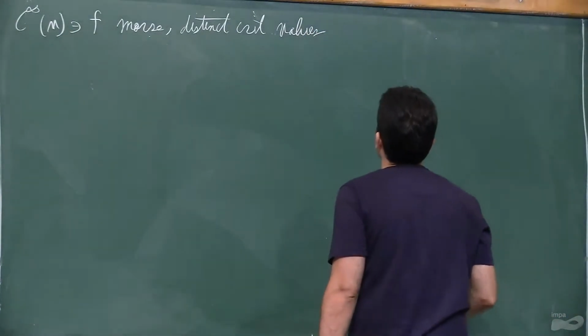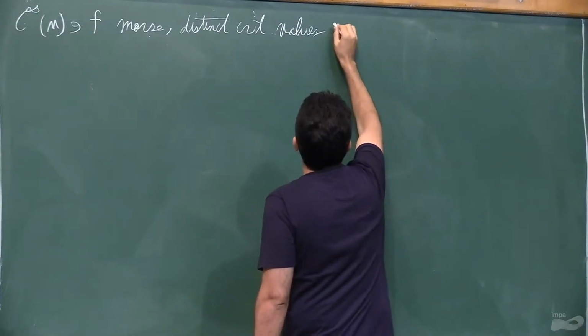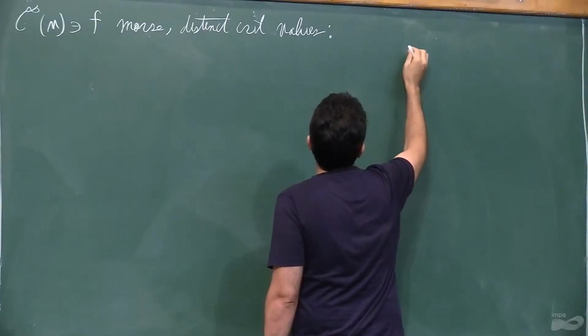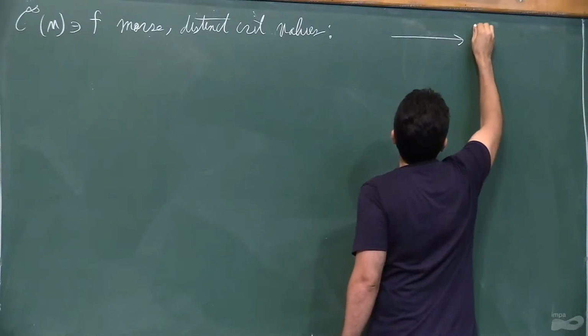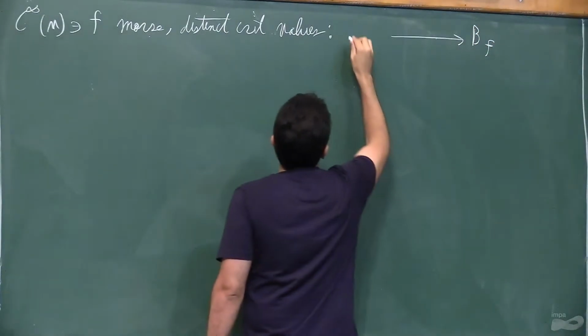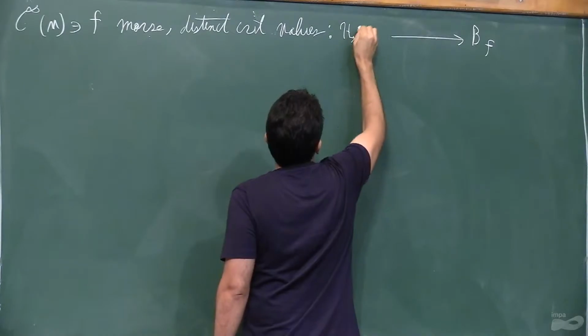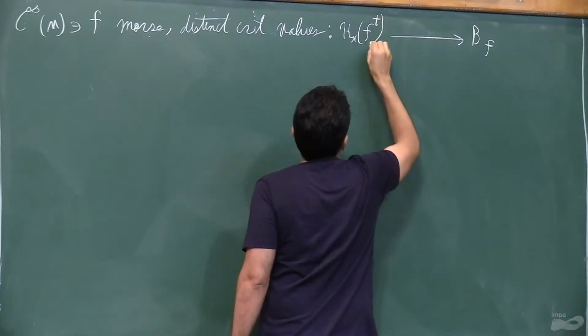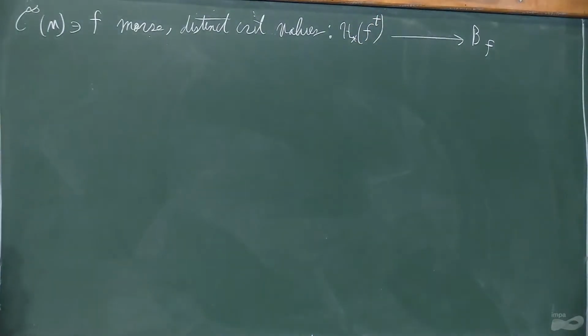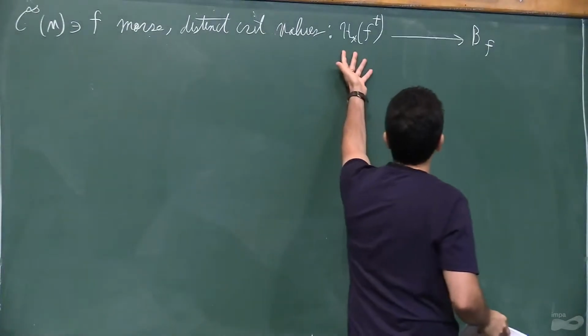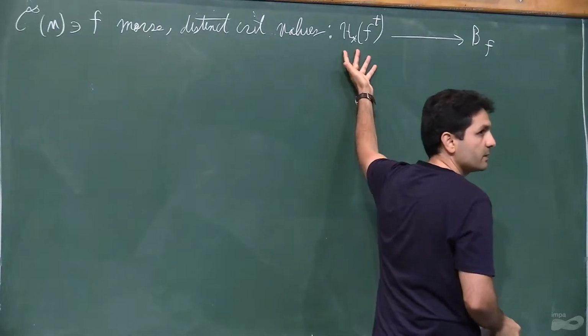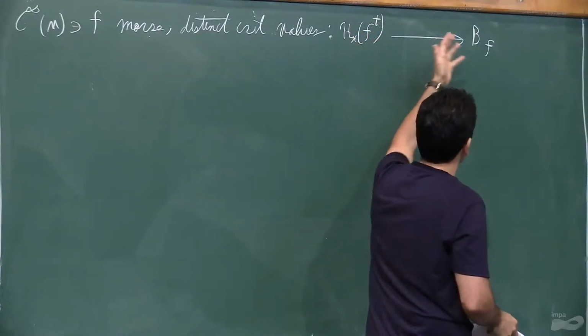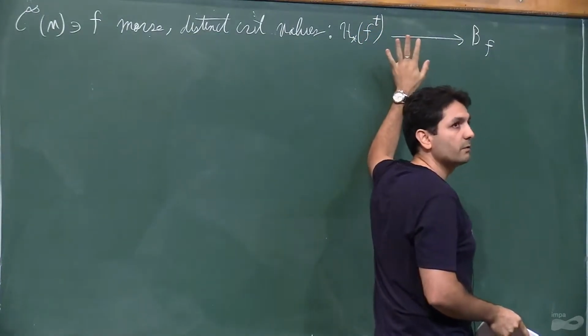And I'll show you how to associate to this a barcode, which I'll denote by BF. And we'll do this by considering the homologies of sublevel sets of the function. Okay? So this is what's called a persistence module, and every time you've got a persistence module, and I'm not going to define persistence modules, you could associate to it a barcode. I'll do this for a Morse function.